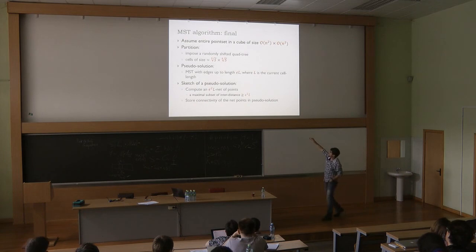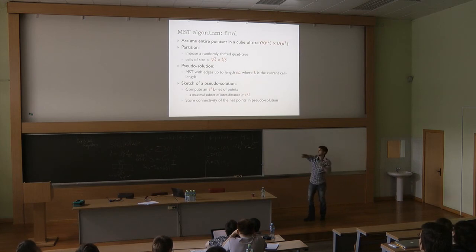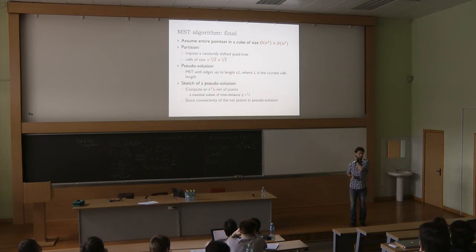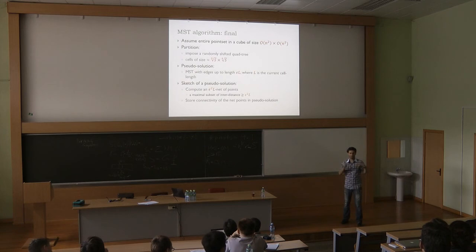Here are the differences. First of all, when we compute the minimum spanning tree in one of these cells, where we have a local view, we do not compute the entire minimum spanning tree. We just compute it as long as we use edges up to length epsilon L, where L is the current cell length. Think of this as doing Kruskal's algorithm up to a moment where the edges become too long and it would cost us too much to make bad decisions.